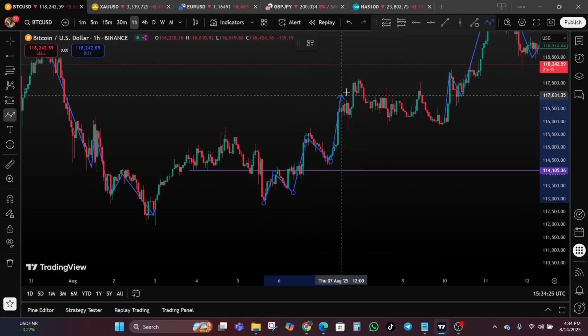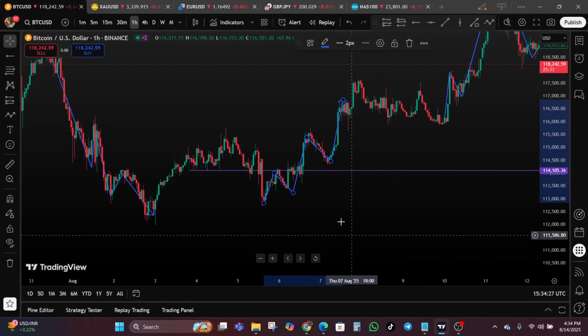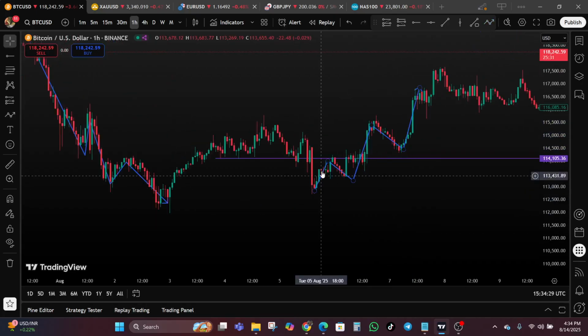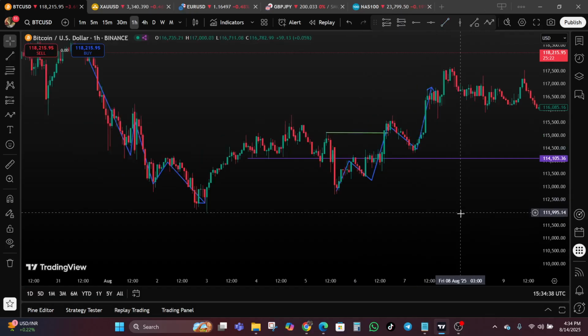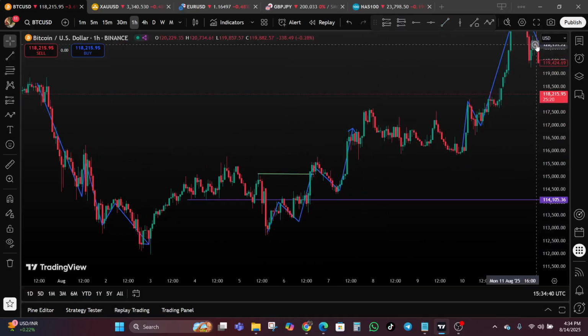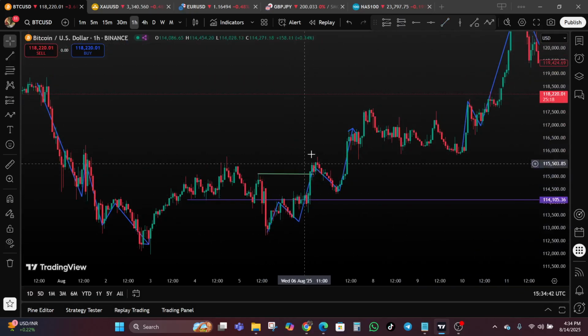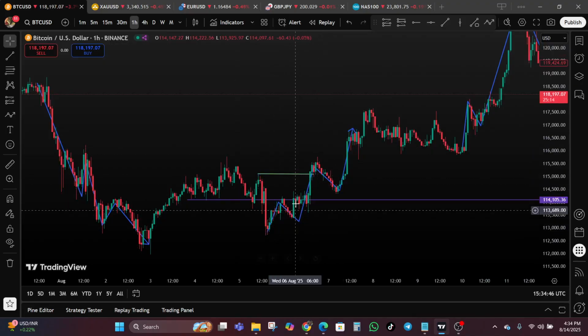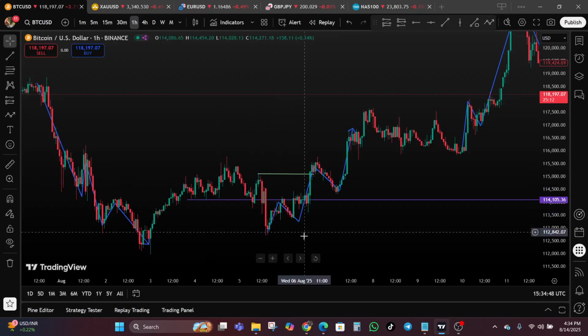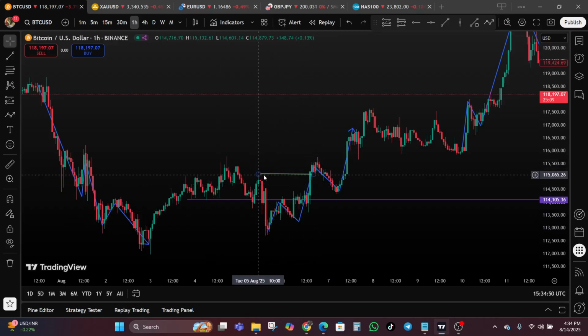But you have to look out for this particular high to be broken, showing that the bias has changed back to a bullish bias. So in this case, after this liquidity sweep happened, we had a change of character around here. Price rose above this particular high.